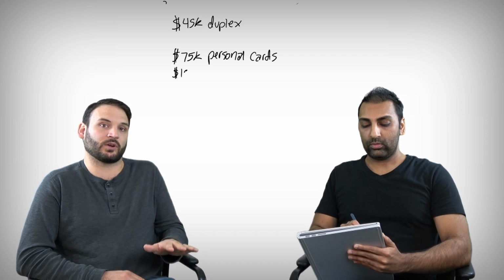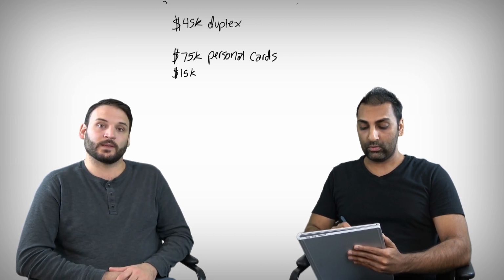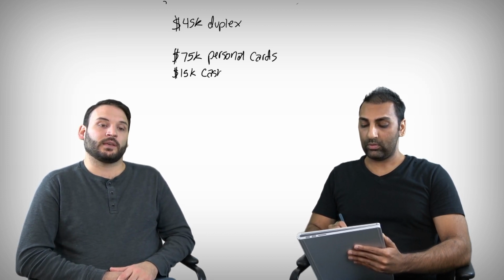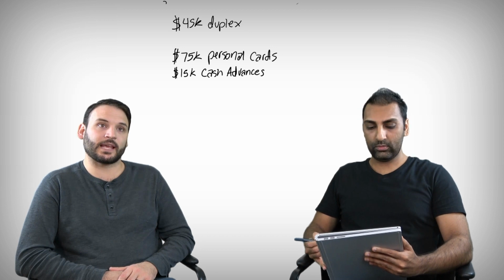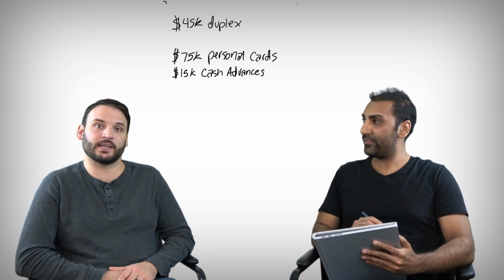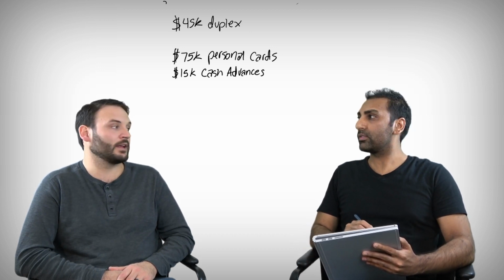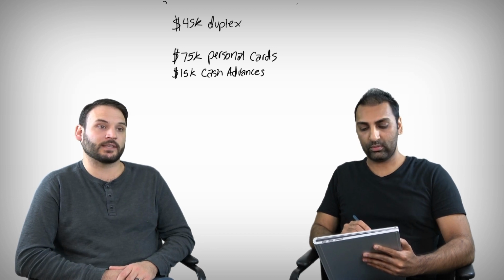So this customer went for it. He initiated $15,000 worth of cash advances between his personal credit cards. And for this example, the customer had 4% in cash advance fees that he paid for that $15,000 in cash advances.